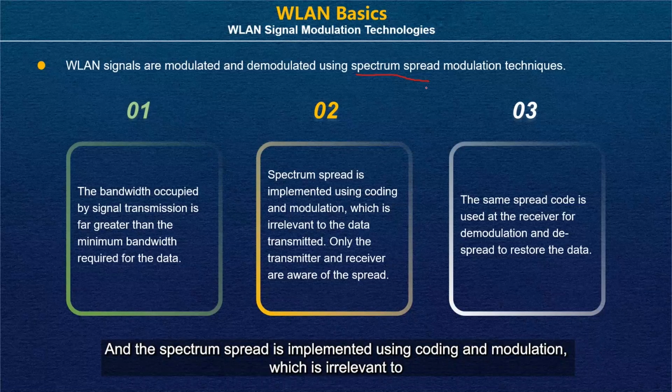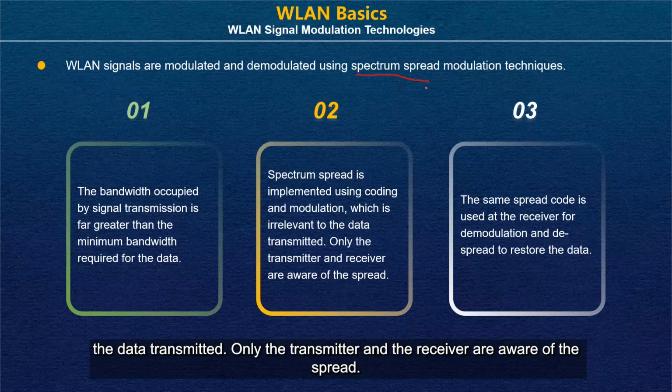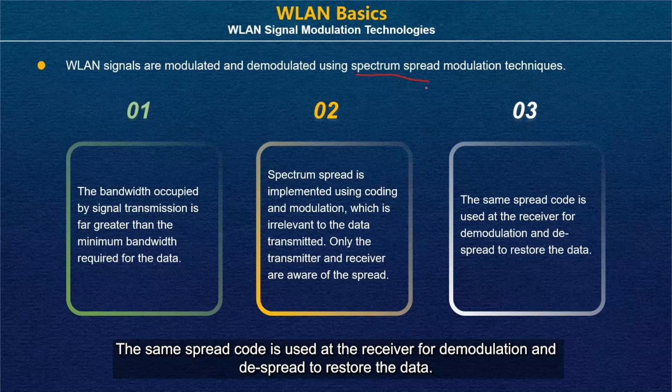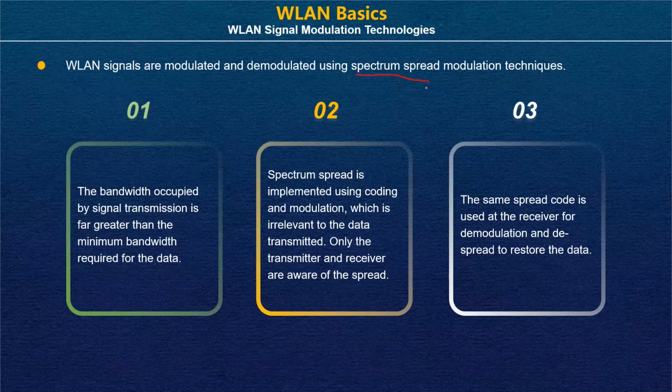And the spectrum spread is implemented using coding and modulation, which is irrelevant to the data transmitted. Only the transmitter and the receiver are aware of the spread. The spread code is used at the receiver for demodulation and despread to restore the data.